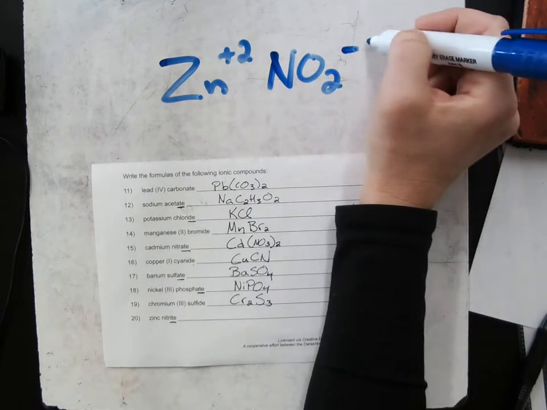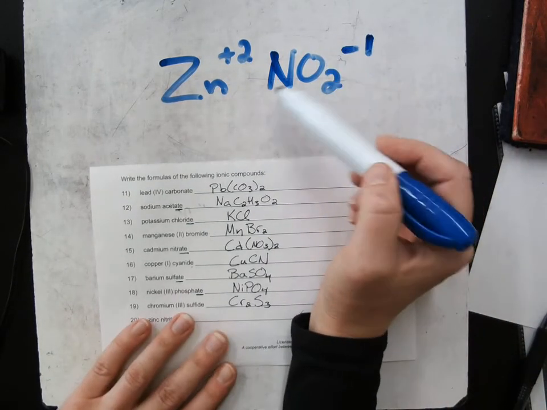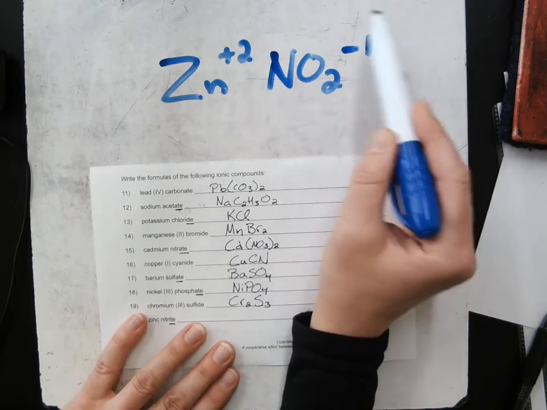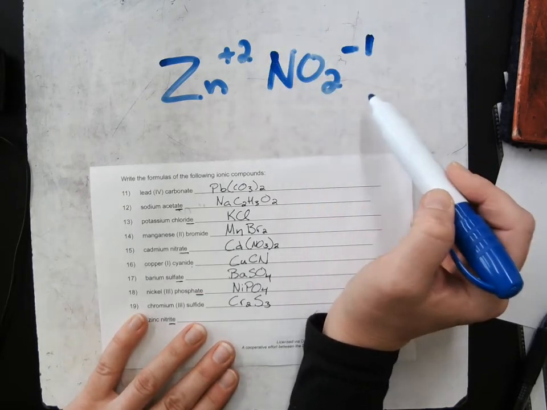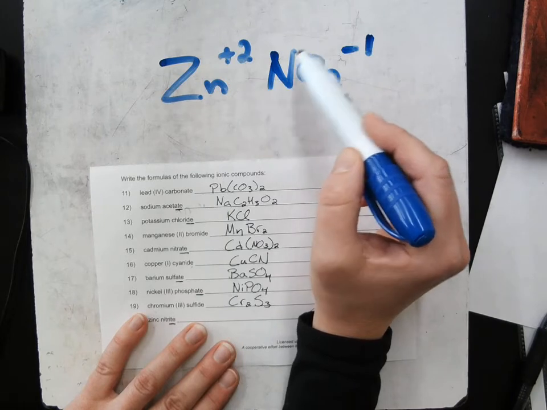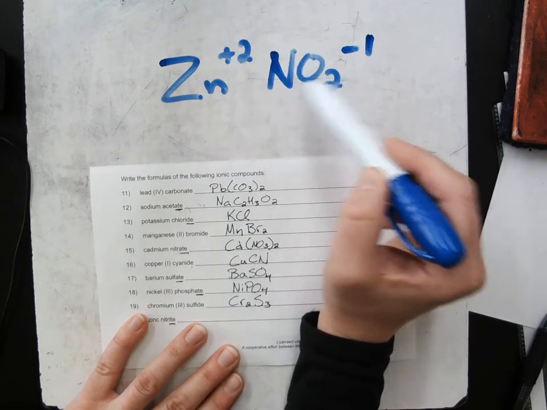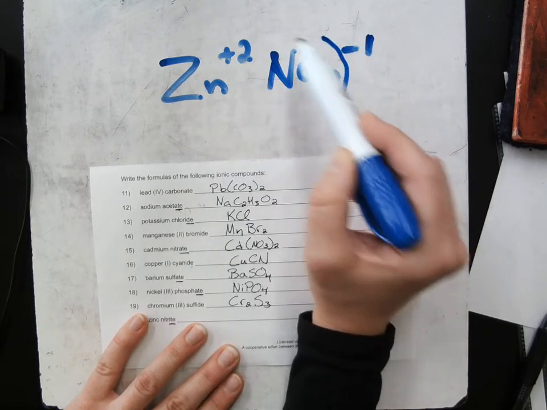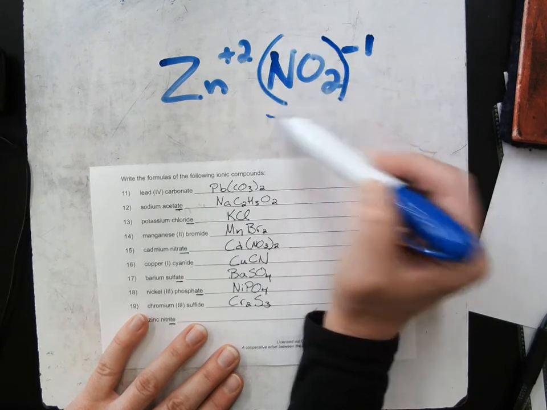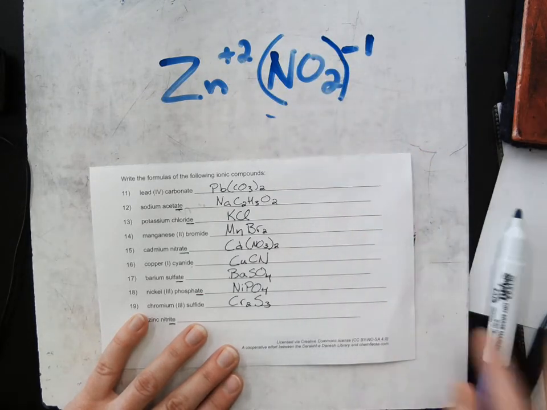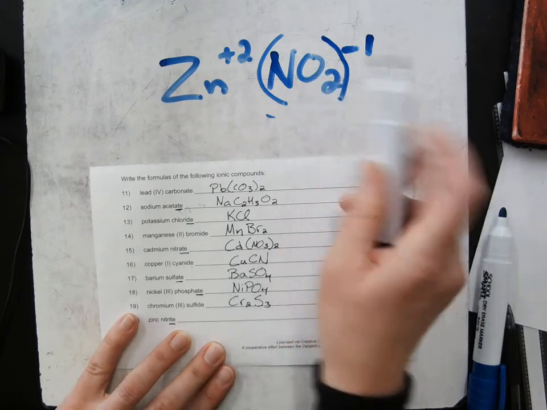And they don't even write the 1, minus 1. I need 2 of these guys, right? He is a big guy. I can't mess with any. Imagine, put him in parentheses. NO2, he is a chunk. So if I want to cross these charges, I can't touch anything inside there.